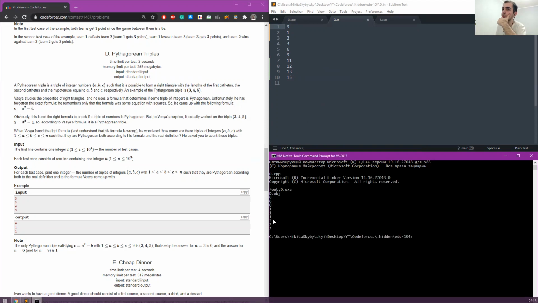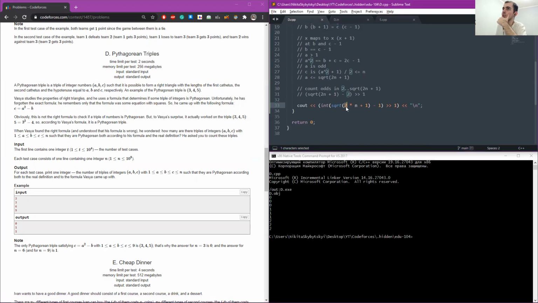Because you take it here, you get 25. Now it means that you can take something like 5 and then 20.